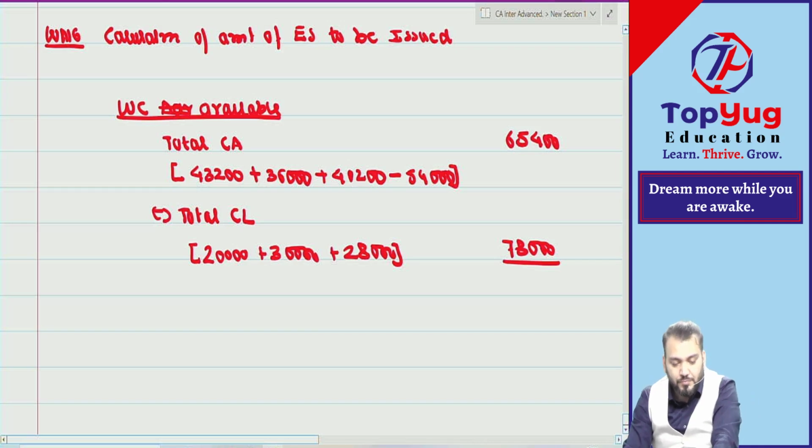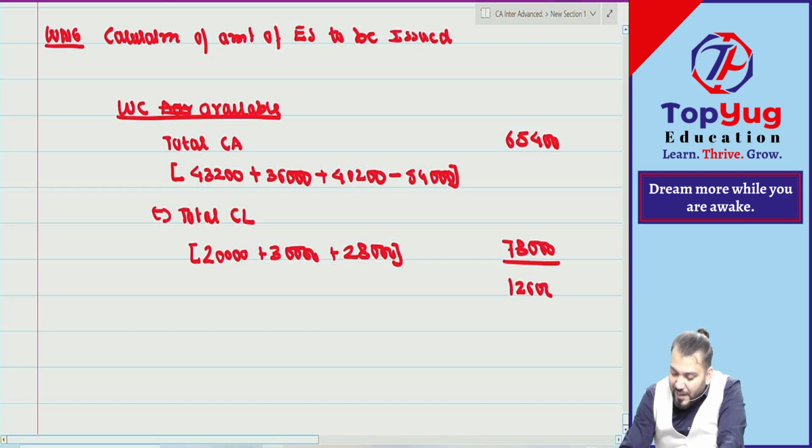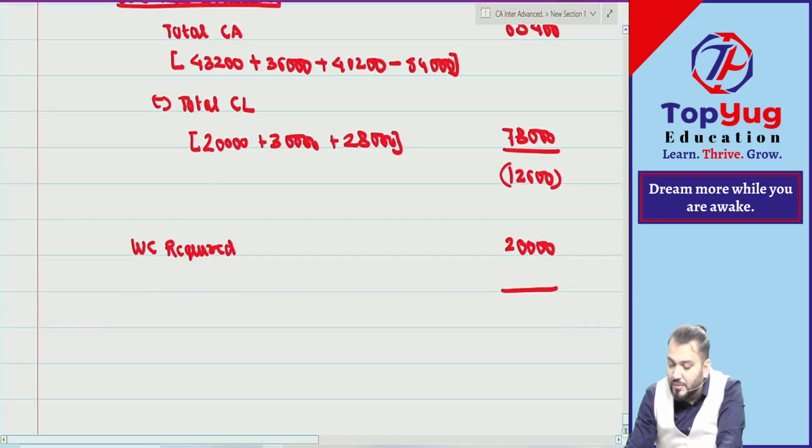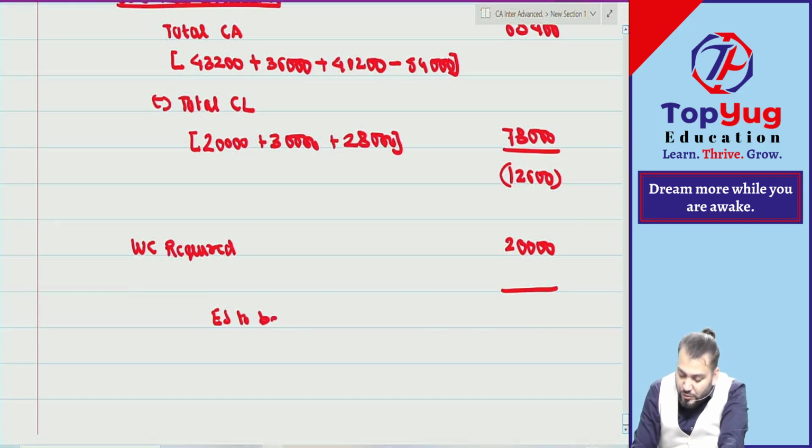Okay, 12,600, but negative working capital. How much working capital required? 20,000. So how much cash should come? This should become 20,000. So how much equity shares to be issued?